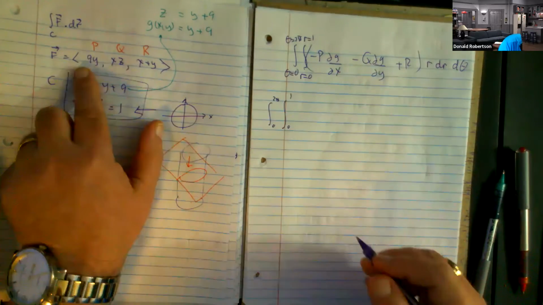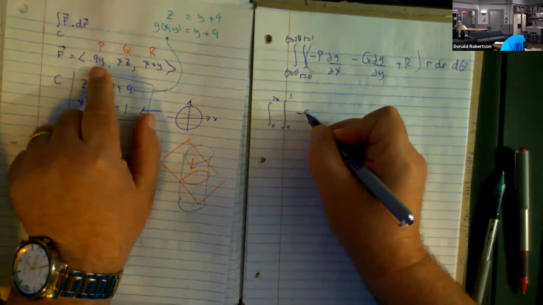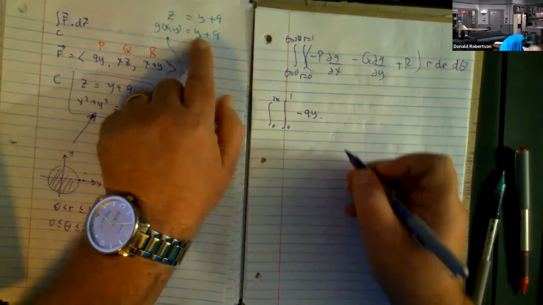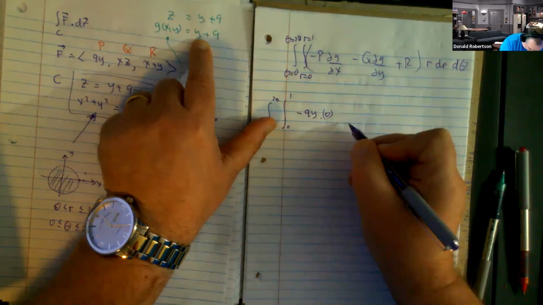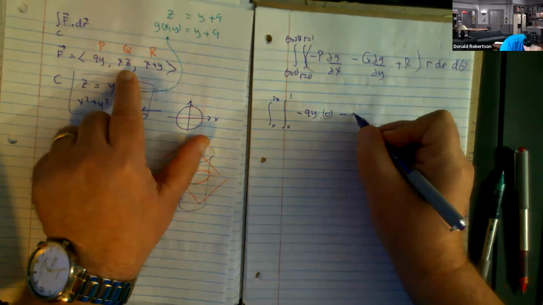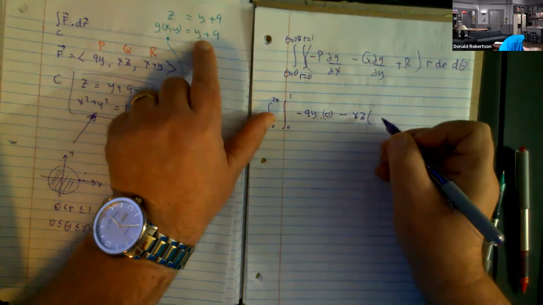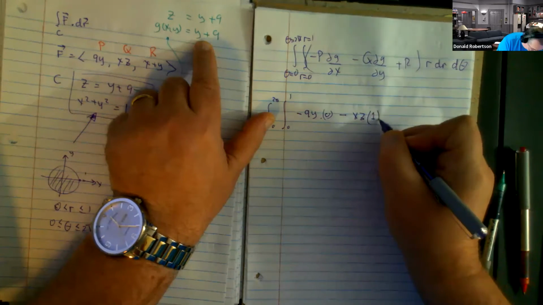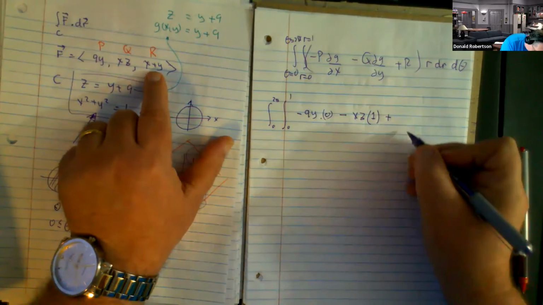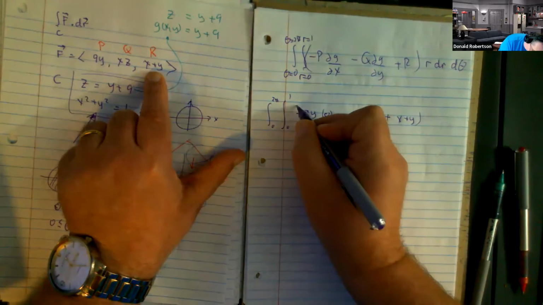Make sure I got the right one. Yeah, I have this. So it's going to be negative 9y. Differentiate this with respect to x, which is 0. Oh, that's nice. Take away negative xz times differentiate this with respect to y, which gets you 1, plus r, which is, in this case, just x plus y, r dr d theta.